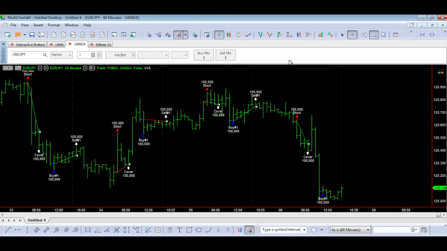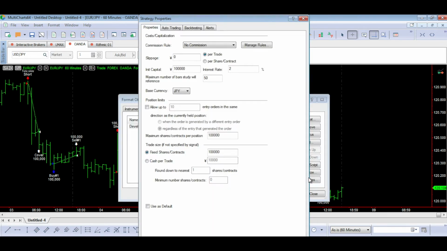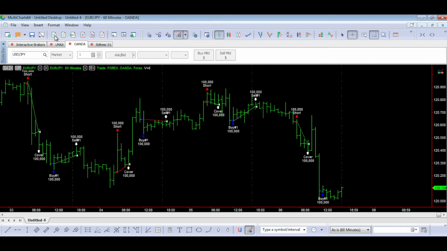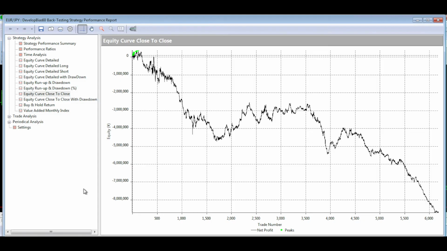But just as a bit of a demonstration, 4 pips isn't well out of the normal realm of things. So we'll add in that now, and wait for the strategy to calculate, and then we'll see what the changes are in the equity curve. So this is just 2 pips in and 2 pips out.